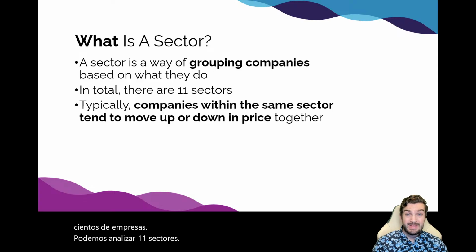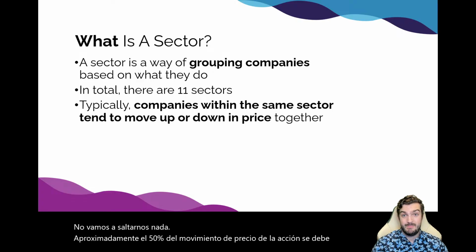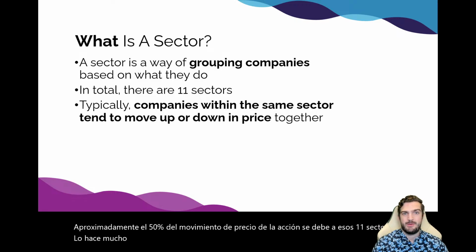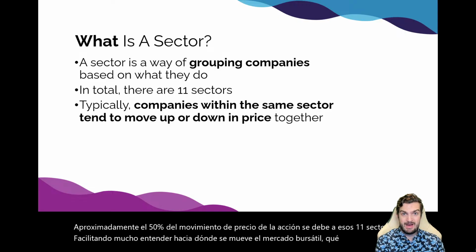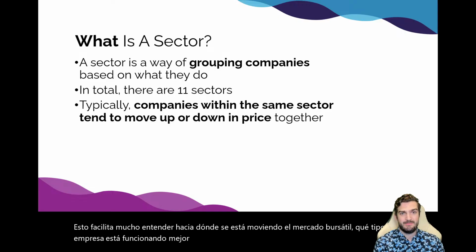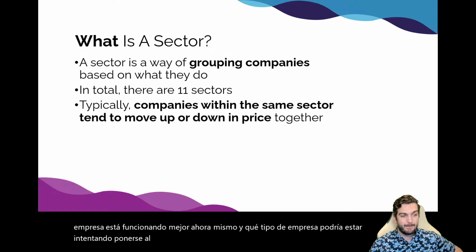We're not skipping out on anything, but about 50% of a stock's price movement will be because of those 11 sectors, making it way easier to understand what direction the stock market is moving, what type of company is doing the best right now, and what type of company might be trying to catch up or is falling behind.